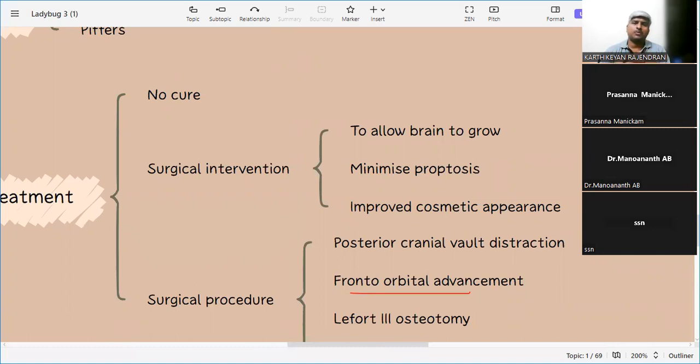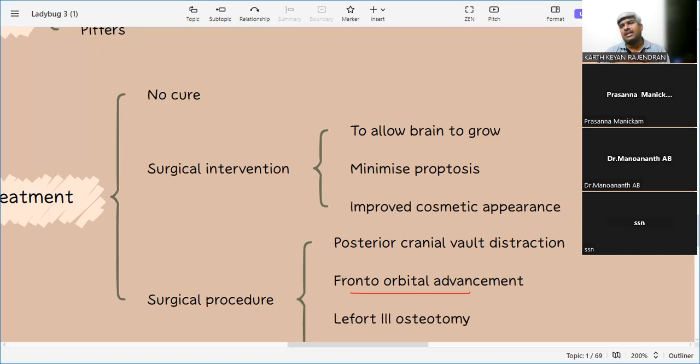An important procedure is posterior cranial vault distraction. We cut in the coronal plane and distraction is done posteriorly to lengthen the skull.